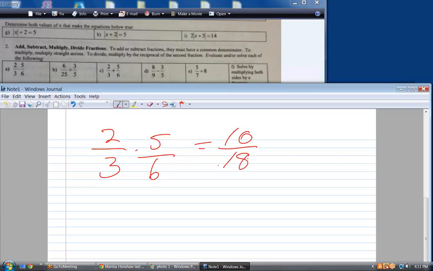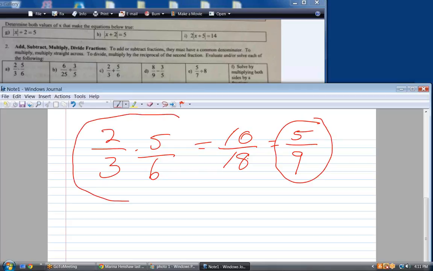And that needs to be reduced. So how can we reduce that? Divided by 2. Okay, so what's that equal to? 5 over 9. Okay, so that is the simplified answer.